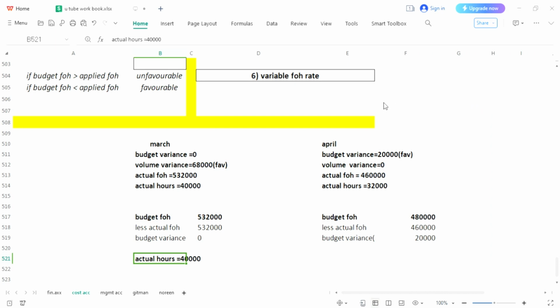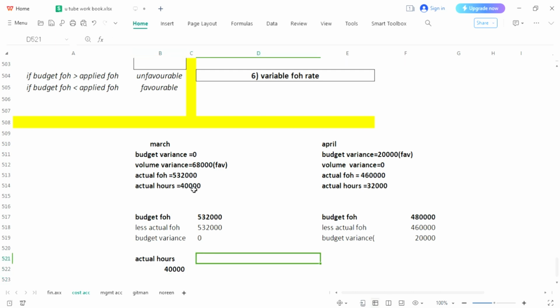Let me handle it first. Put it down over here. Okay, the actual hours for this month that we do need is written over here, 40,000 hours. For the month of April, we do have actual hours as well, and that is posted over here, 32,000.